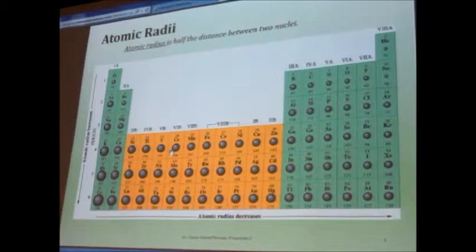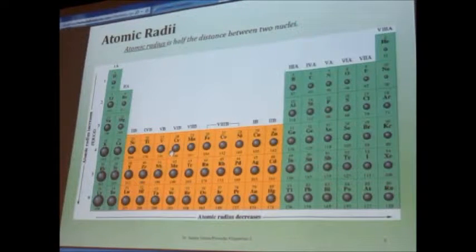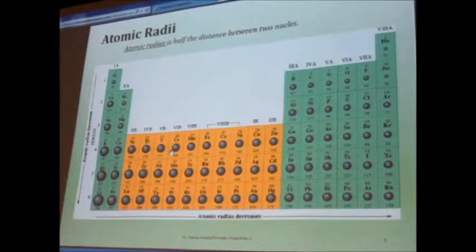Here also the size is going to decrease, and so on. Within the transition metals, there is no trend because the electrons that are being added are going into the core, and core electrons do not affect the size as much, but the valence electrons do. So you can look at any row, it's going to be the same thing, and you can look at any column and it's going to be the same thing, which means the size of the atoms is going to increase as you go down a group.